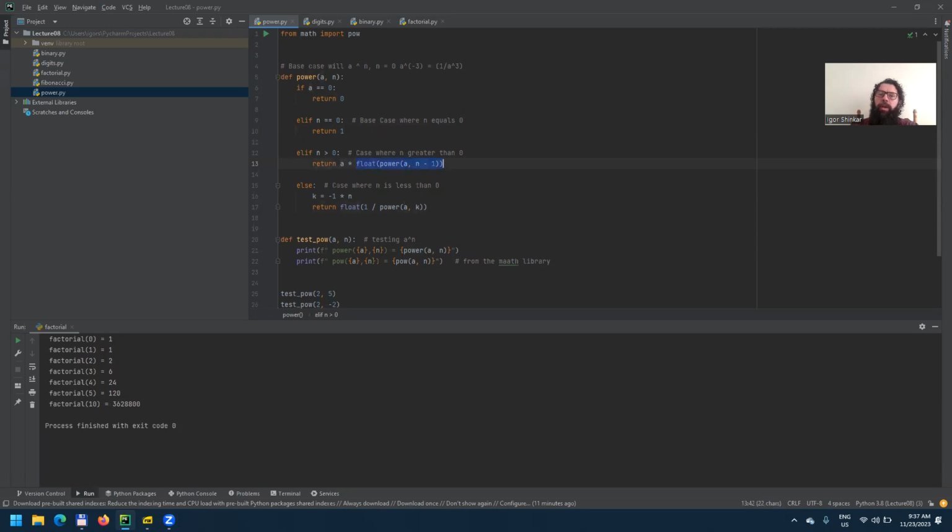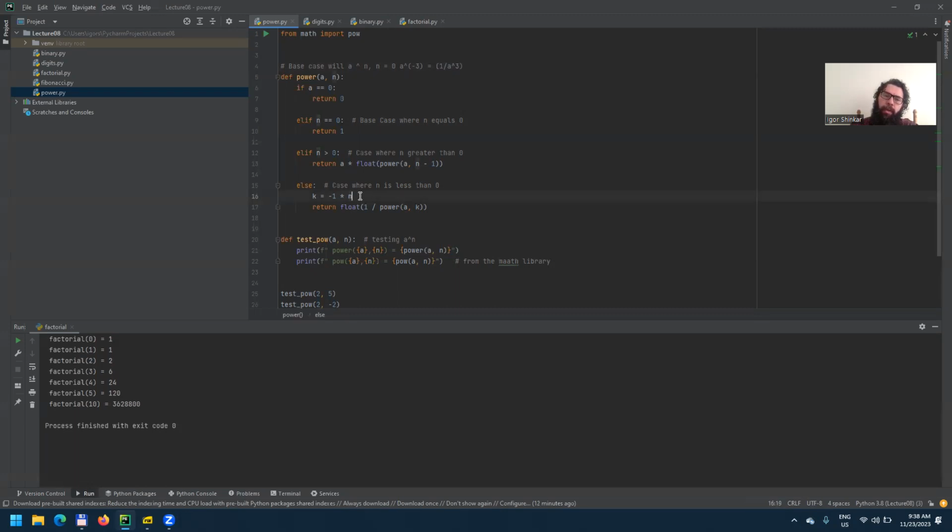So this is a to the power n minus 1, and then multiply by a. And if n is a negative number, for example, a to the power negative 3, what's a to the power negative 3?